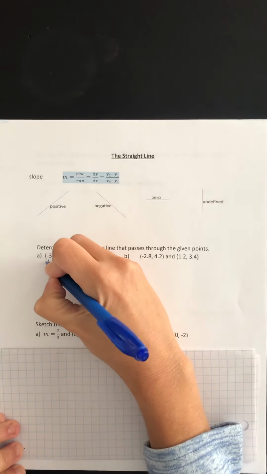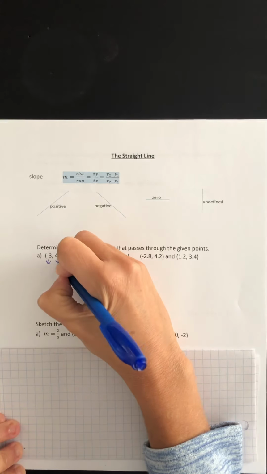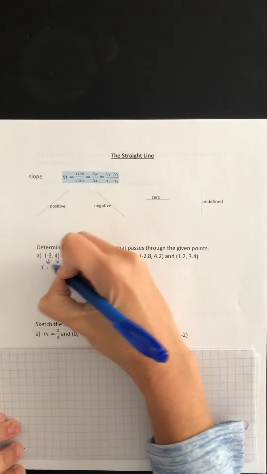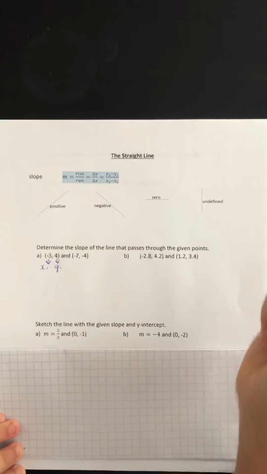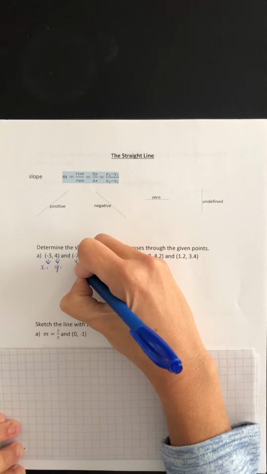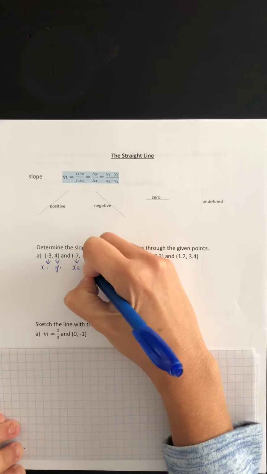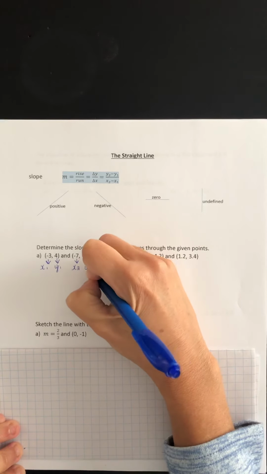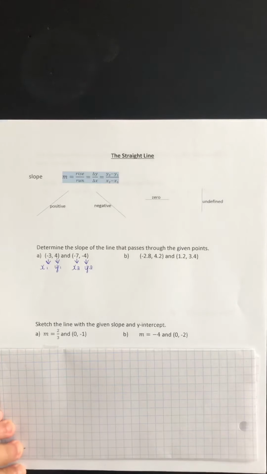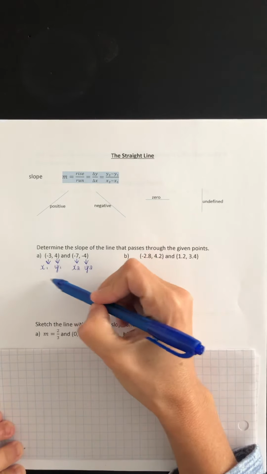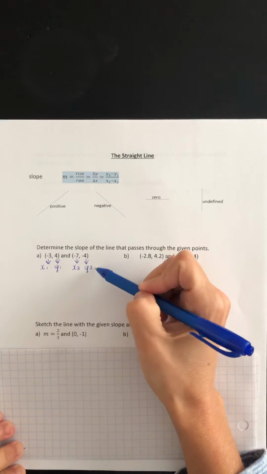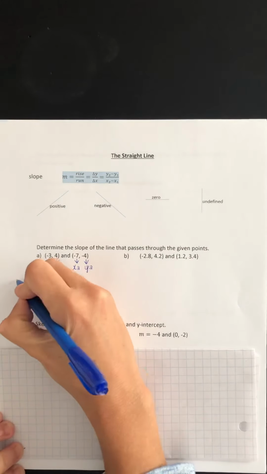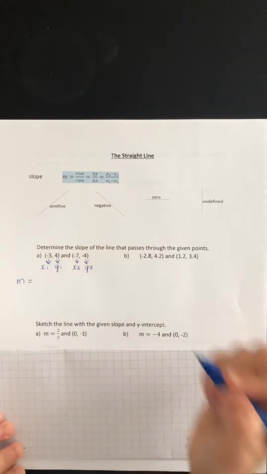I'm going to make sure that I use x1, y1 as this first point, and then x2, y2 as this second point. We would get the same slope if I reversed these things. The slope calculation would come out the same.